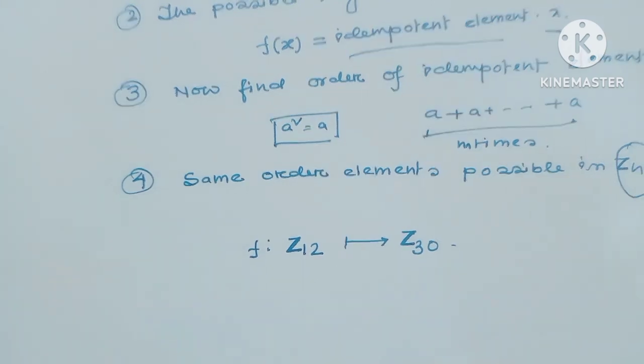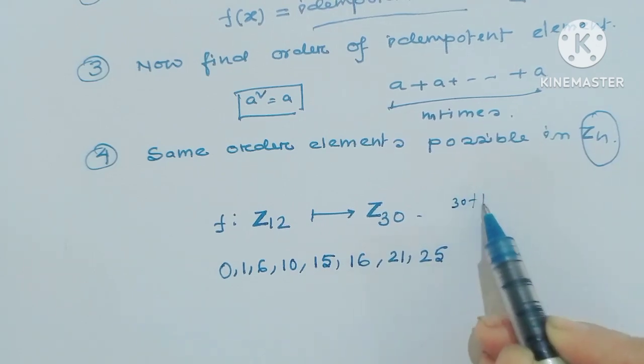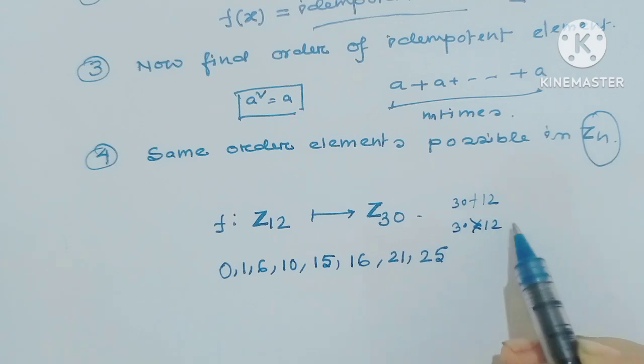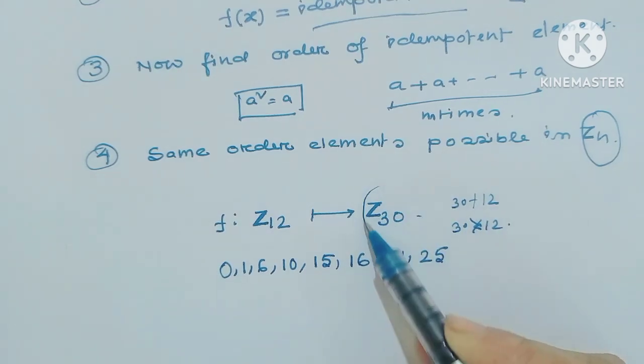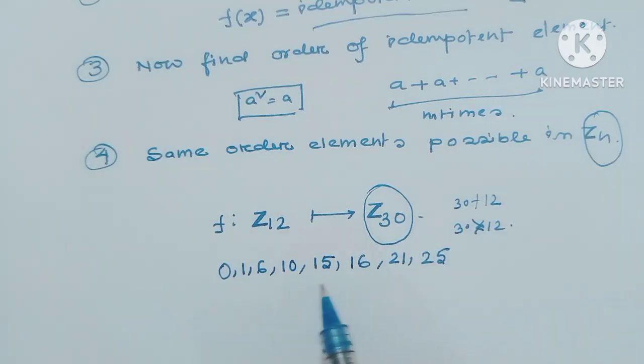Here 30 does not divide 12, and 30 is greater than 12. So at first see the idempotent elements of Z30. These are 0, 1, 6, 10, 15, 16, 21 and 25.